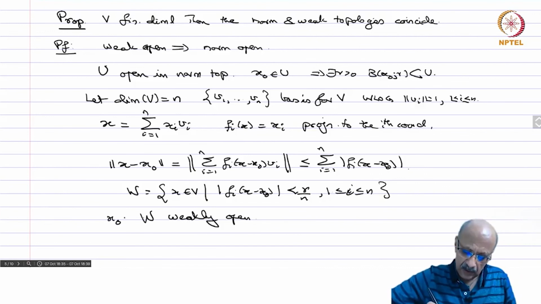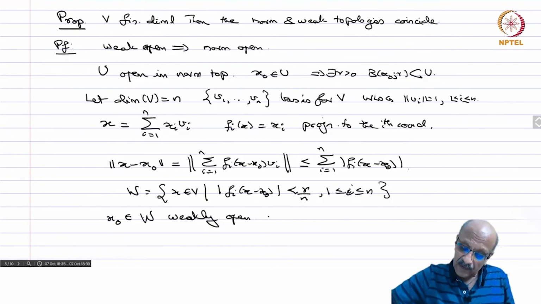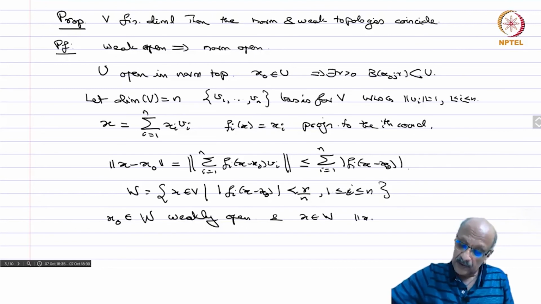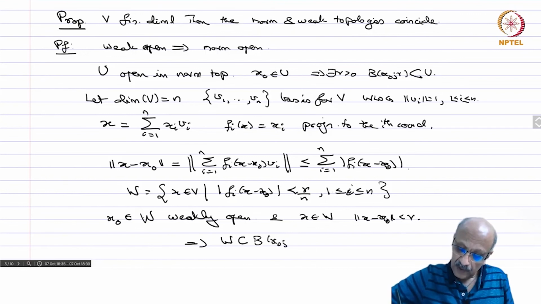x naught belongs to W and W is weakly open, and if all of these are less than R by n, then if x belongs to W, we have norm of x minus x naught less than R, and therefore W is contained in B of x naught R, and x naught belongs to it.